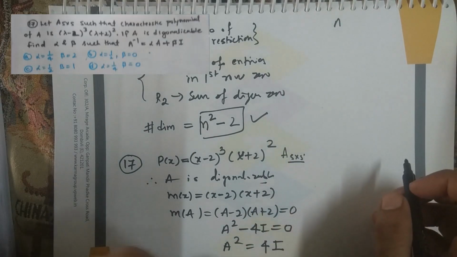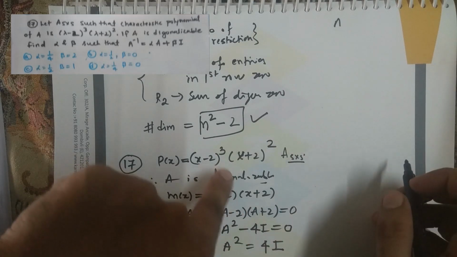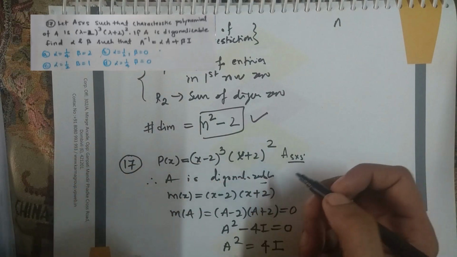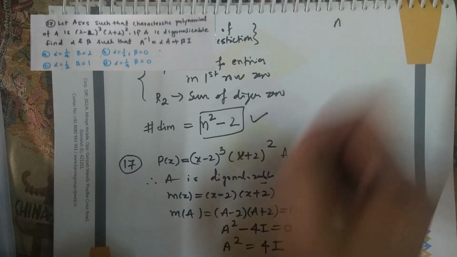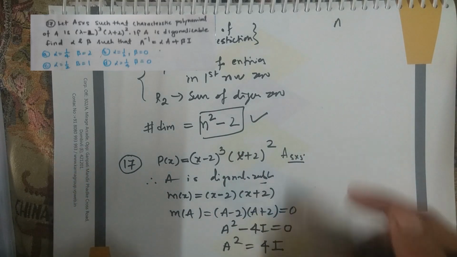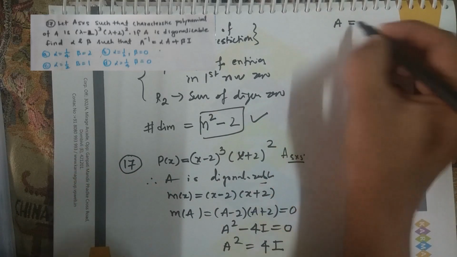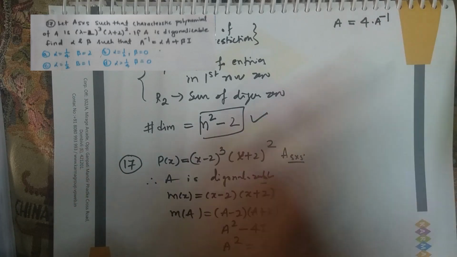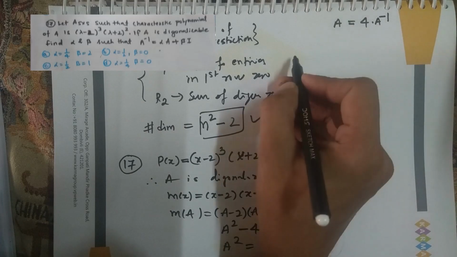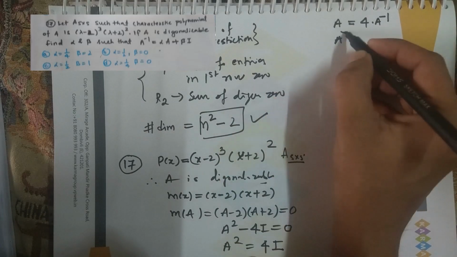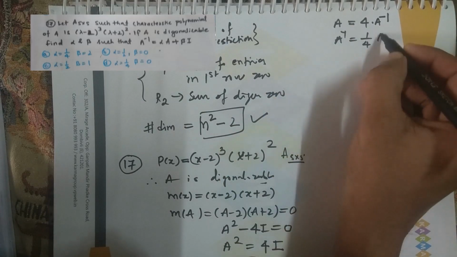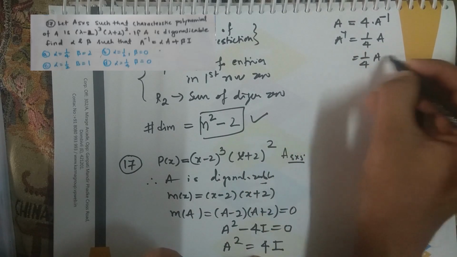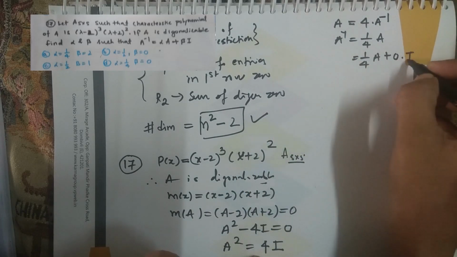If I multiply throughout by A inverse, because A doesn't have 0 as an eigenvalue, means A is an invertible matrix. And if invertible, we can take A inverse on both sides. So if I take the inverse on both sides, I will get A equals 4 times A inverse. If I take this 4 to this side, I will get A inverse equals 1 by 4 times A, and this is nothing but 1 by 4 times A plus 0 times identity.